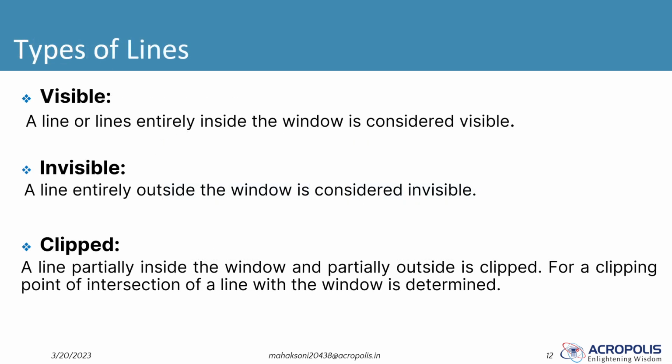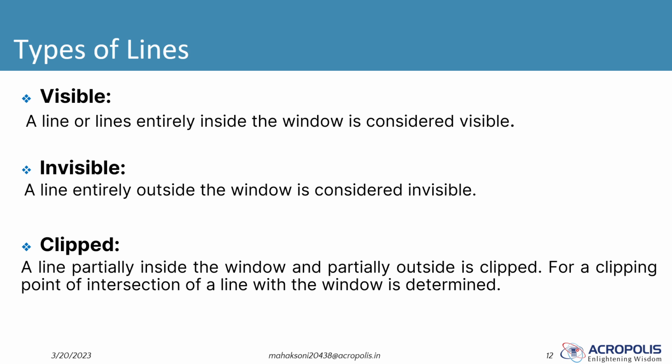Now, types of lines: visible, invisible and clipped line. There are three types of lines we will discuss here. Visible: a line or lines entirely inside the window is considered visible. The lines which lie inside the window are considered as visible. Invisible lines are those lines which are outside the window and they are considered as invisible.